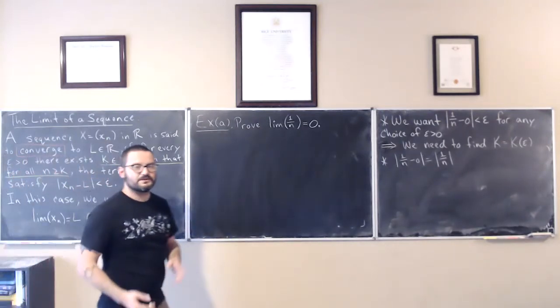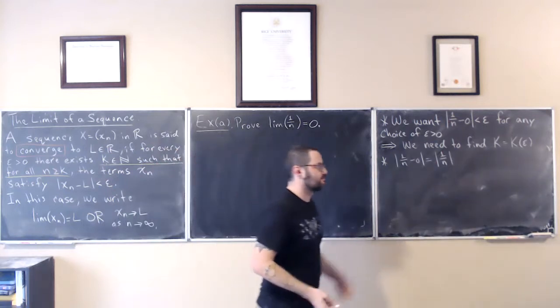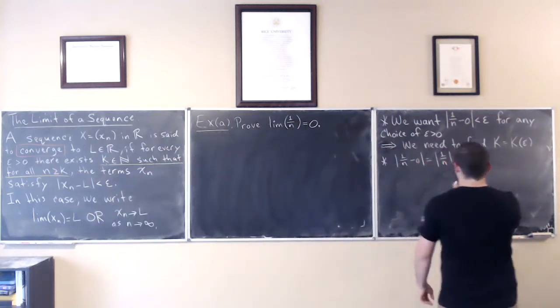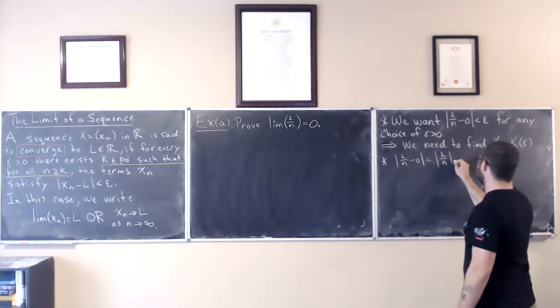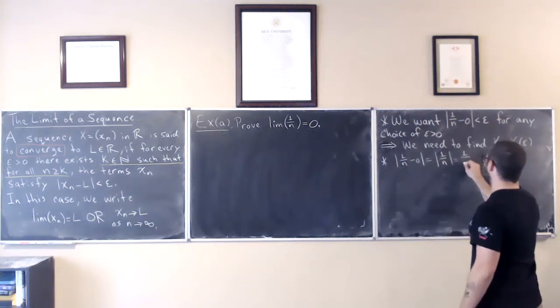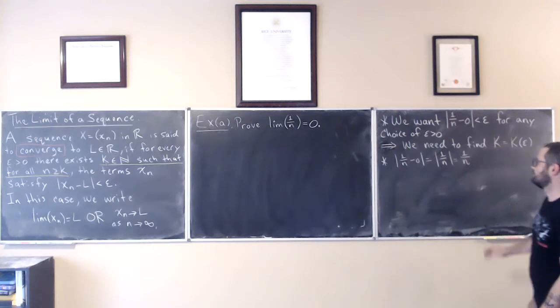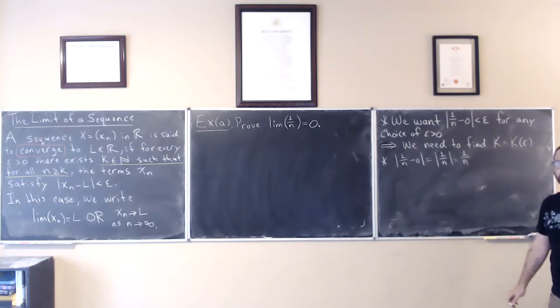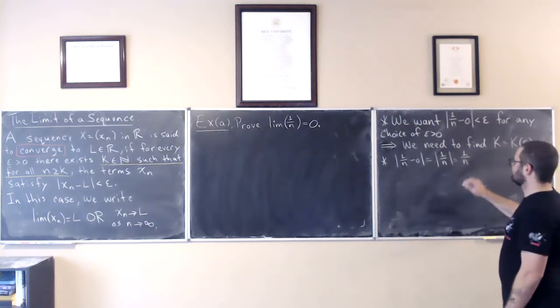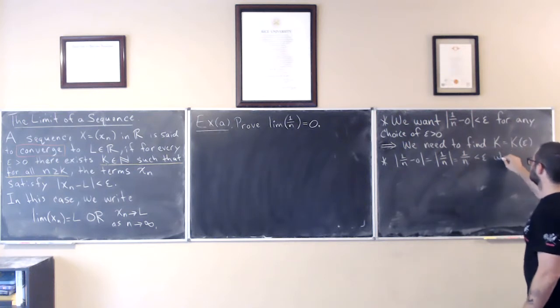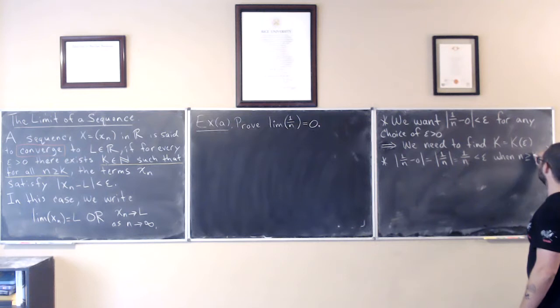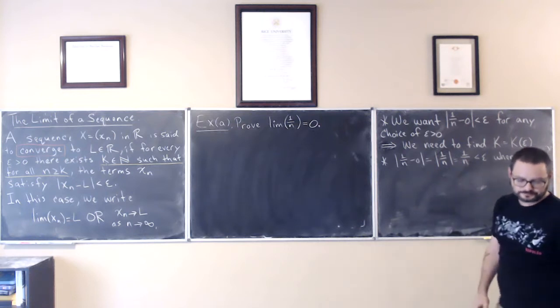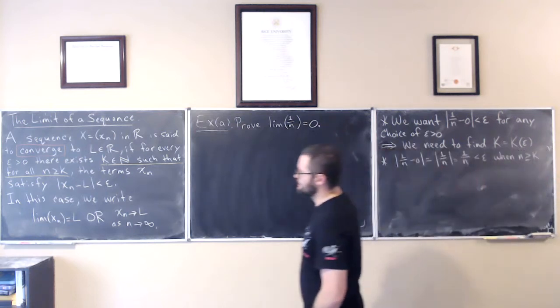Sequences are functions from the natural numbers to the reals, in this instance. So we know that this is going to be positive, so we can just drop the absolute values, right? Okay, and we want that to be less than epsilon when n is greater than or equal to k. That's what we want.